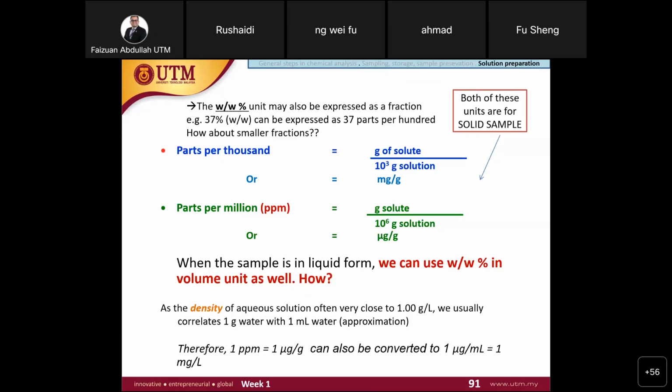Because approximately the density of water is 1 gram per milliliter, we can change 1 gram to 1 ml of water. So 1 microgram per gram also equals 1 microgram per milliliter. Right? Understood until this stage?